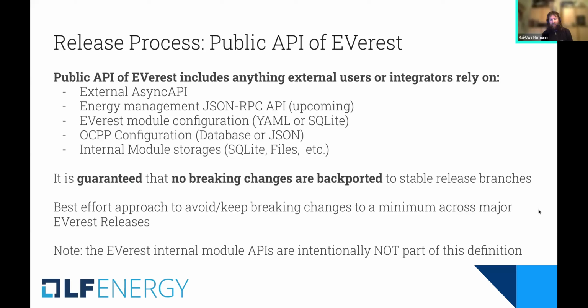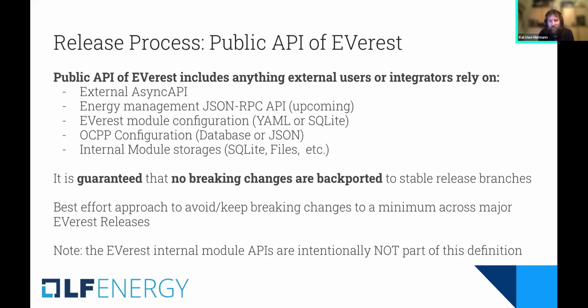All right. So what does this public API actually include? It includes the async API definitions I mentioned earlier, as well as the upcoming energy management JSON RPC API that ChargeByte has been working on.